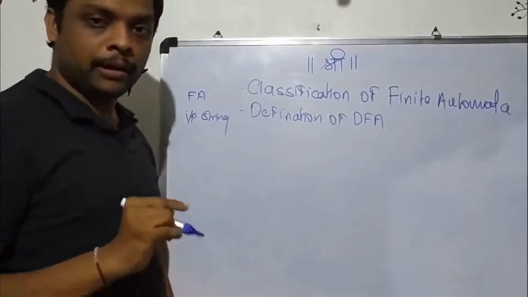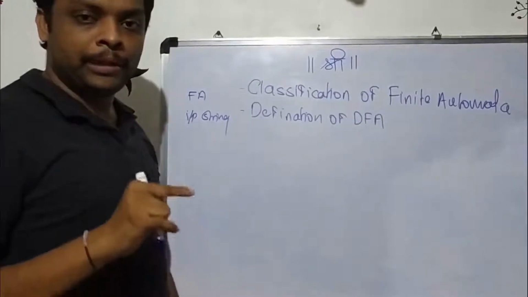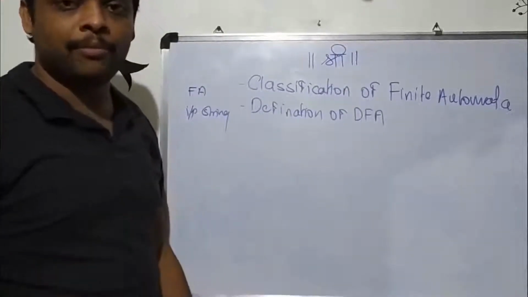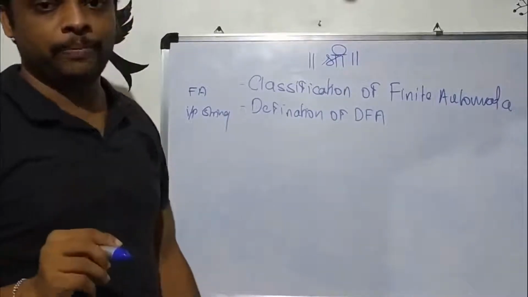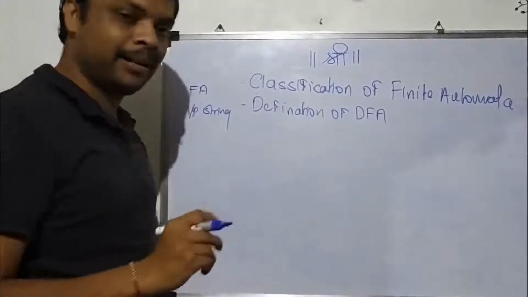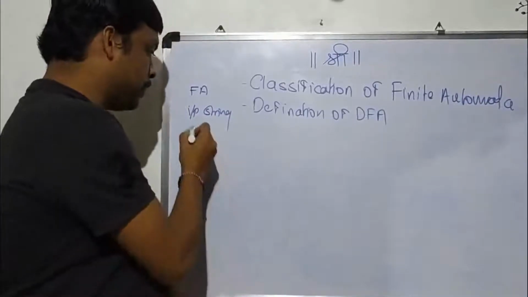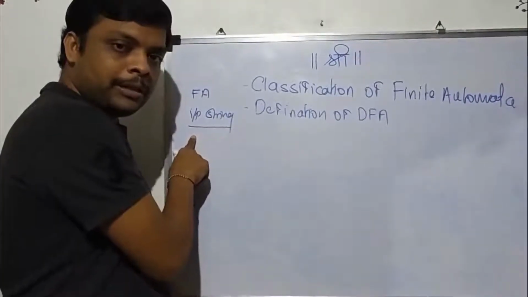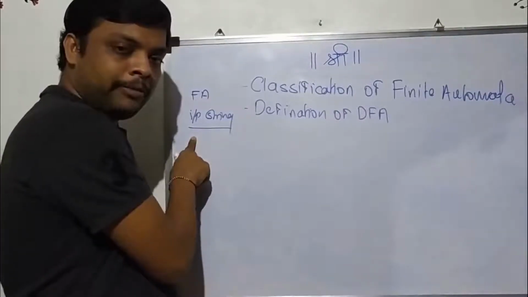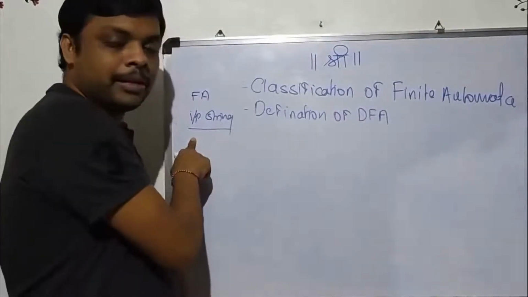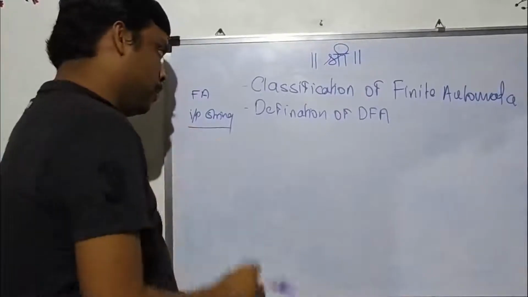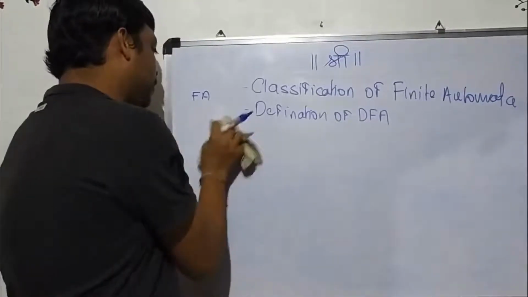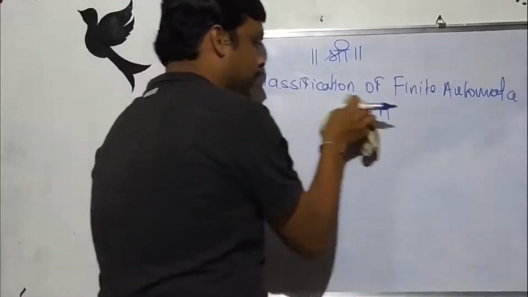So I request you all to please watch our previous session first, and then proceed with this one. I'm assuming here that you are comfortable with this point, that is, when to say an input string is accepted and when it is rejected by finite automata. So by considering this point, let us proceed with the next concept.